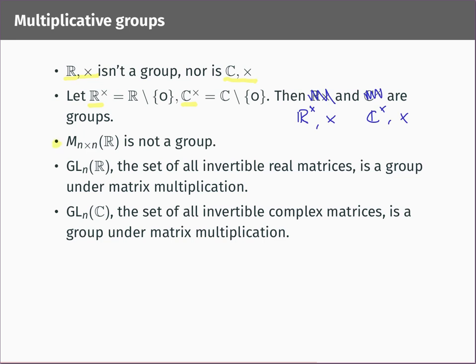Okay, so for a non-example, if you take the set of all n by n real matrices, it does have a matrix multiplication operation on it. You can multiply together two n by n real matrices, and the result is another n by n real matrix. But that doesn't make it into a group.